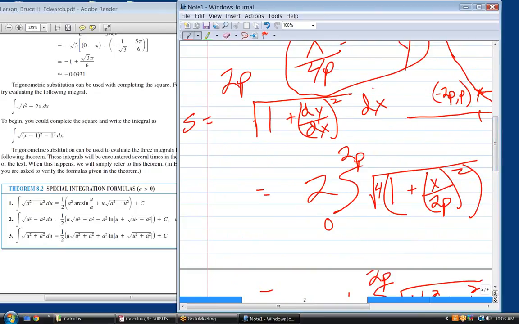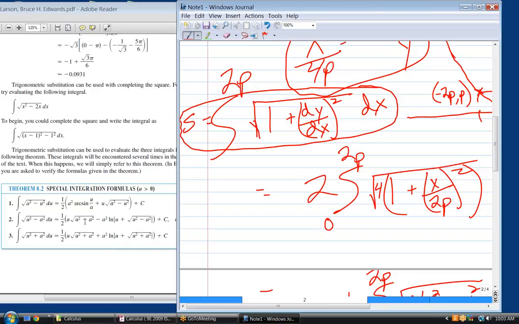S is arc length, and there's an integral there. You're always starting with the square root of 1 plus some function. And the trick is to turn all of this into something that looks like this, or this, or this, because then we know how to integrate those using these special integration formulas.